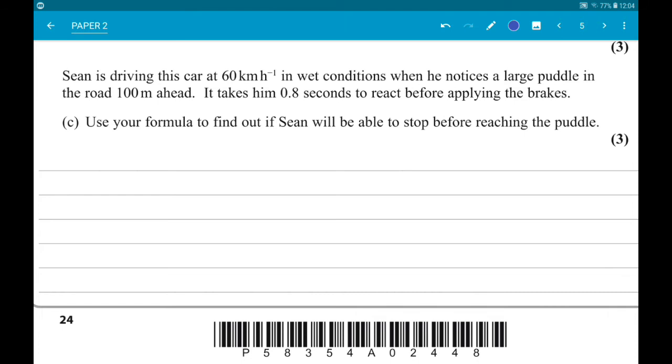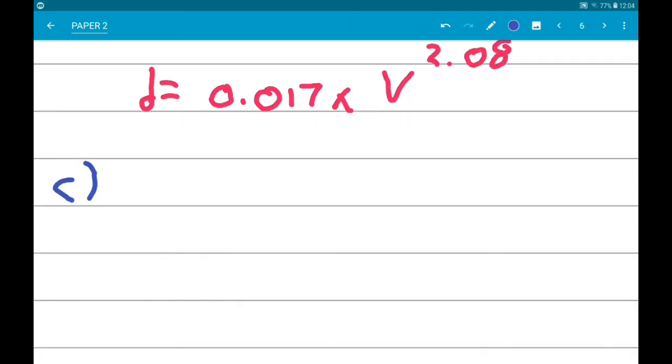Alright. So, we need to work out how far he travels in the 0.8 seconds before applying the brakes. So, 60 kilometers per hour is 60,000 meters in 3,600 seconds.